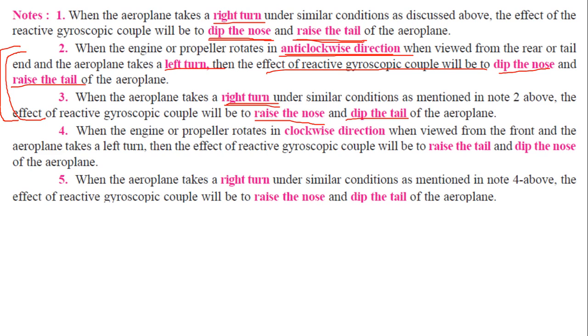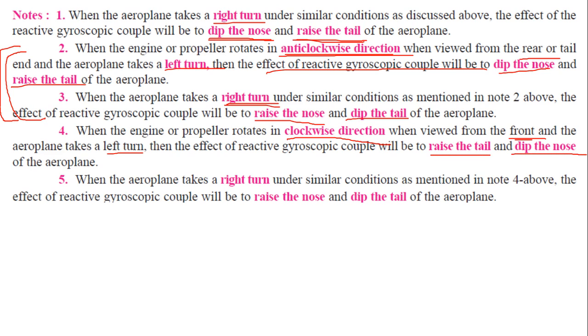So these two are the considerations for the second and third cases, the anti-clockwise direction. Then the fourth and fifth are again considered for the clockwise direction. Here the engine or propeller rotates in the clockwise direction when viewed from the front side, whereas for anti-clockwise it is viewed from the rear part. So with clockwise direction viewed from the front side, when the aeroplane takes a left turn, it will raise the tail and dip the nose.